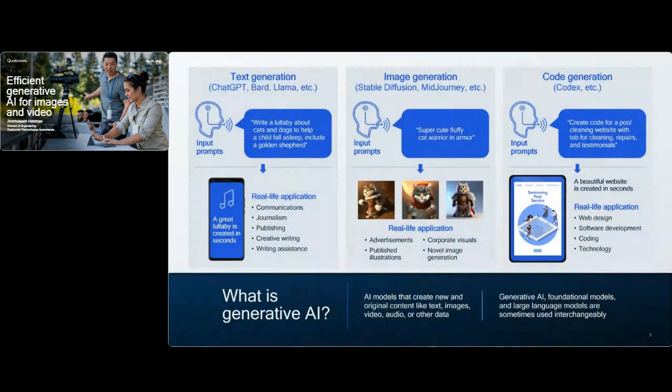Let's start by recapping what generative AI means and what it can do for us. Basically, these generative models are large machine learning models, usually with billions of parameters that are learned unsupervisedly on a massive amount of data, usually from the internet.